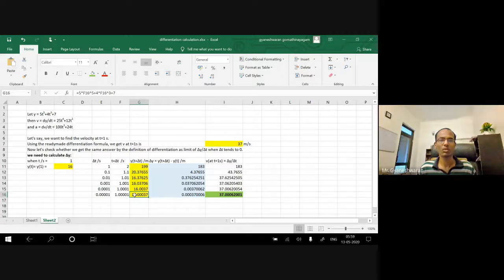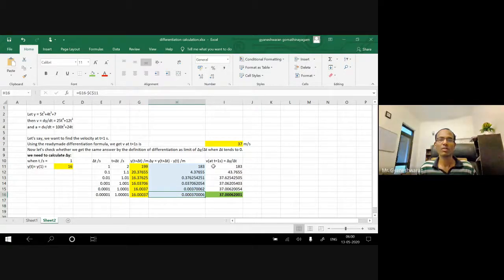Then delta y gives me the difference in displacement: the final displacement minus the initial displacement at 1 second. For the initial displacement, I'm using the dollar sign so that I keep using the same address for the remaining cells. So everywhere it will be C11, and the formula is final displacement minus C11.